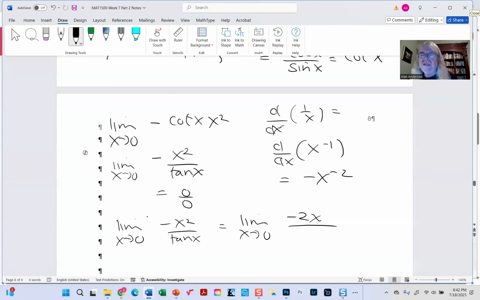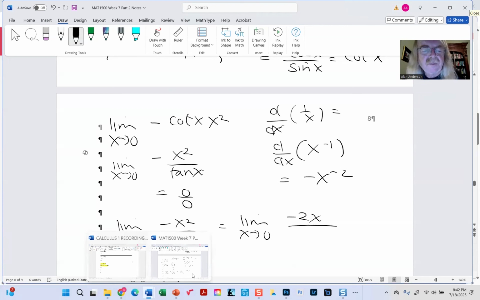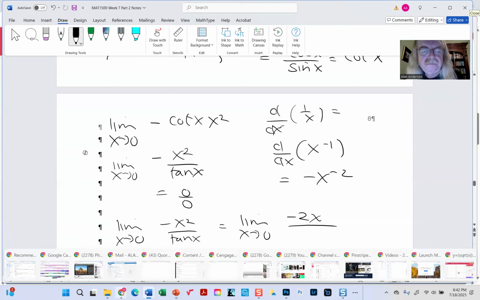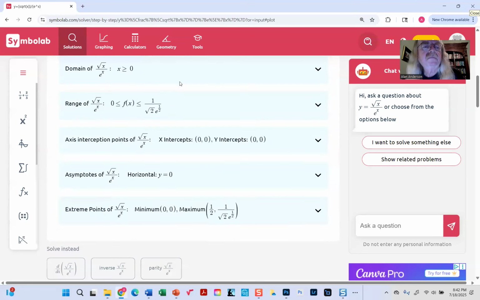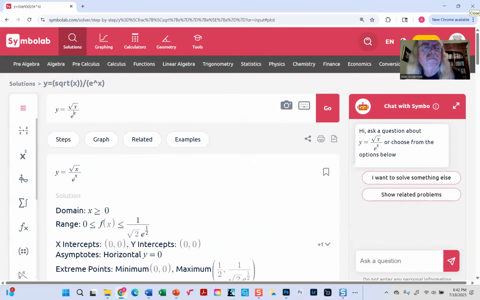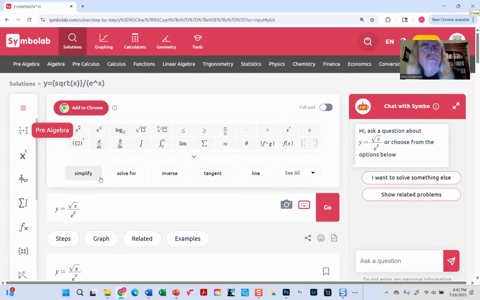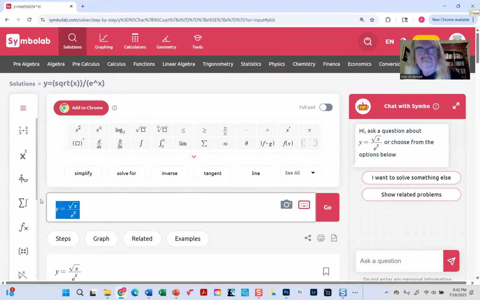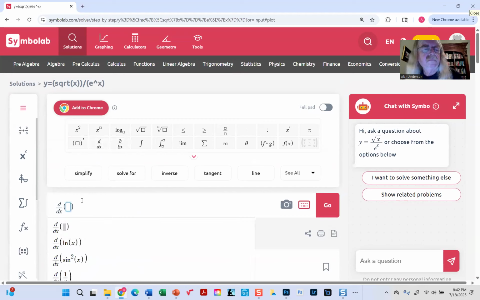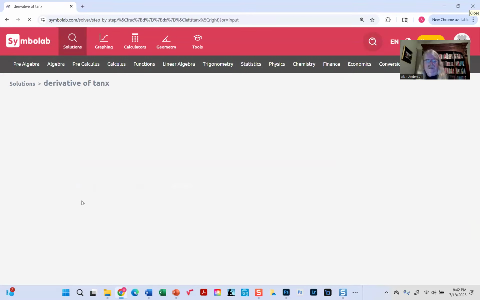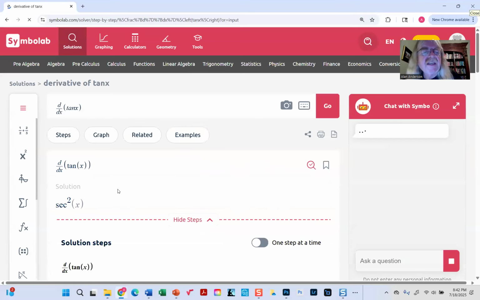Now the derivative of the tangent, we have that chart, which I didn't open up here, so we can get it out of Symbolab. The derivative of the tangent is secant squared x.